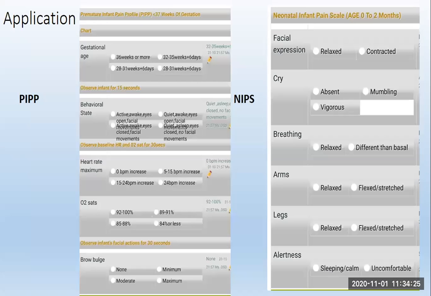Now what we can do is make a mobile application or an internet application or a software or system in your hospital in which you can directly enter the findings, which will directly give you the score. So this is the system app in our hospital which we use for PIPP and NIPS. We can directly enter the details, which will calculate the score and give us the total assessment.